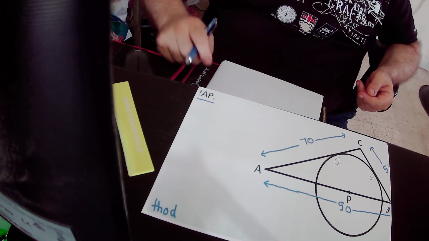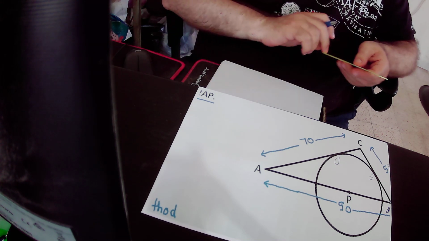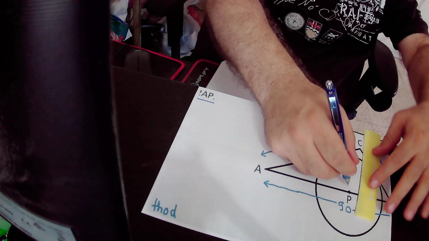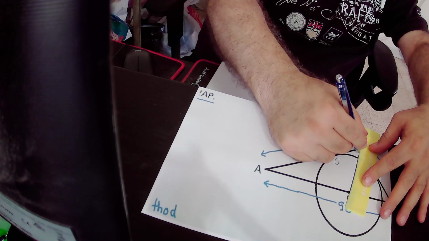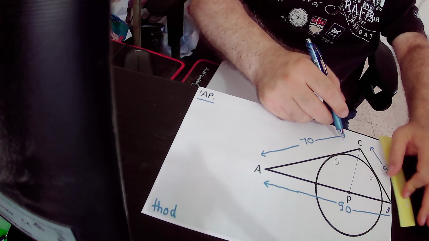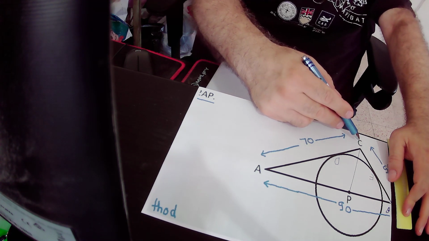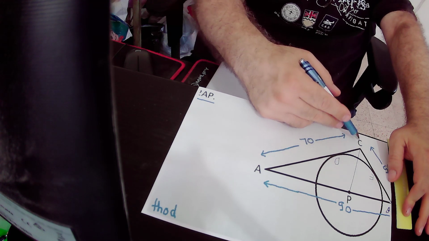First of all we will connect by line points P and C. Okay, points P and C are connected.